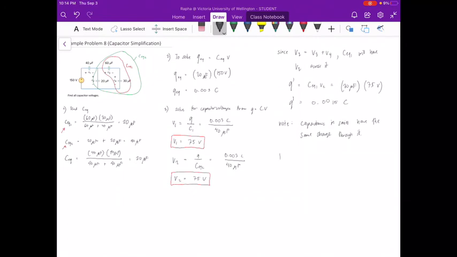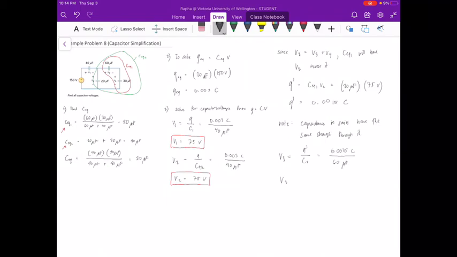We have V3 is equal to Q over C3, which is 0.0015 coulombs over 60 microfarad.